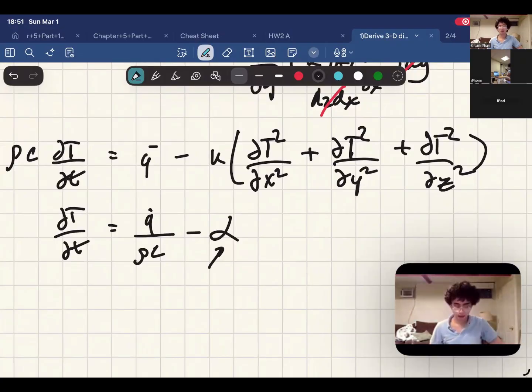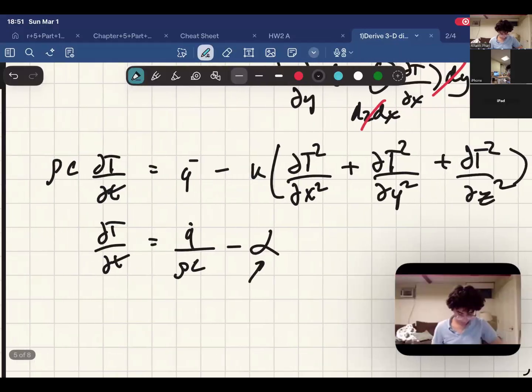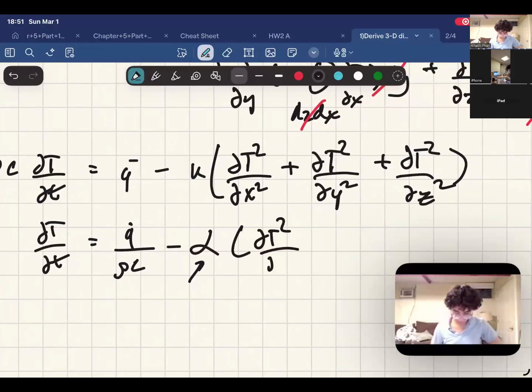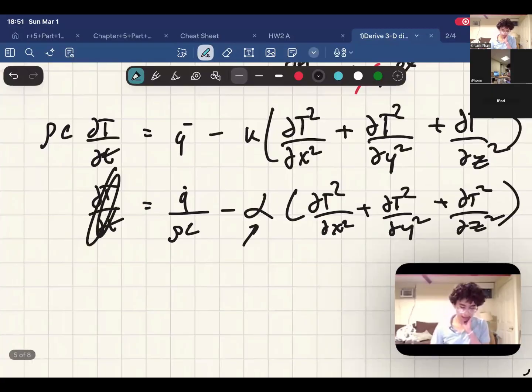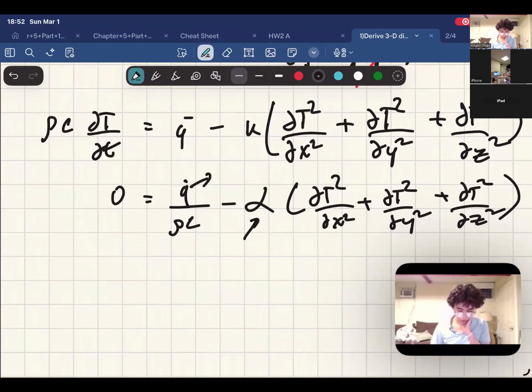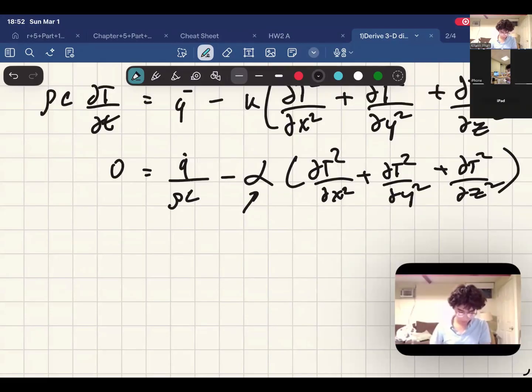The alpha is the heat diffusion constant. And then repeat this. And then we know that it's steady state, so this will be 0. And we treat q as equal to 0, as in there's no heat generated. So this is our final equation.